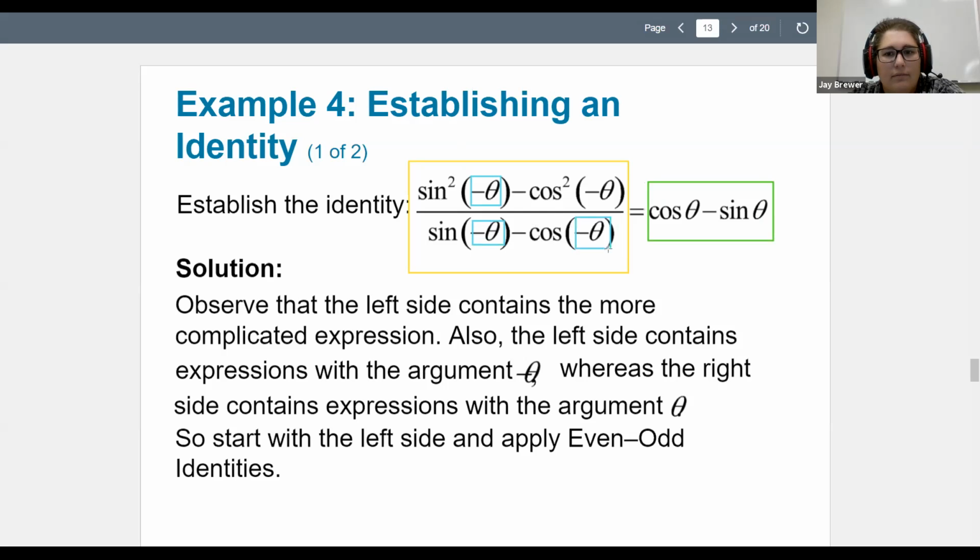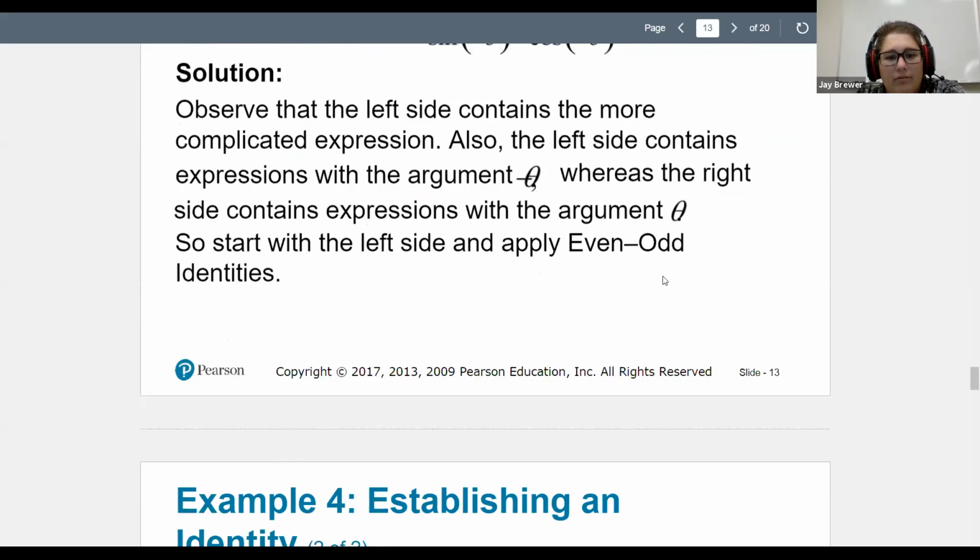All right. And then what you should realize over here is that we actually now have positive thetas. So something's going on there. Right? And it actually tells you down here. So we're going to start with the left side and apply an even odd identity. Right? Makes sense. Probably what you all would have started with anyway.